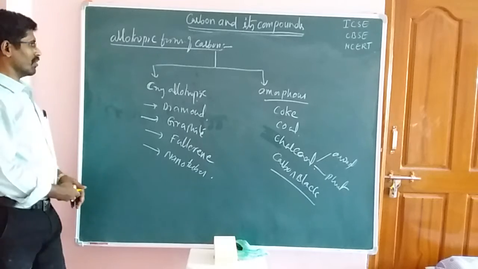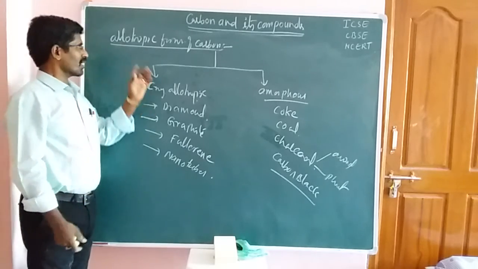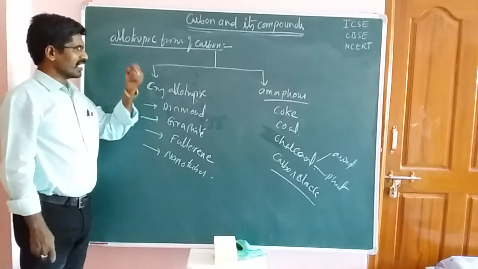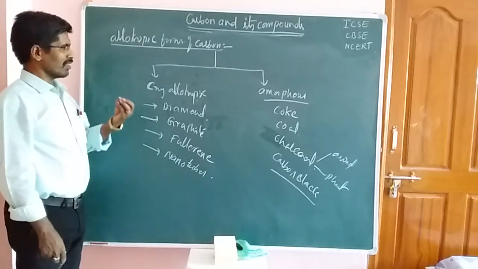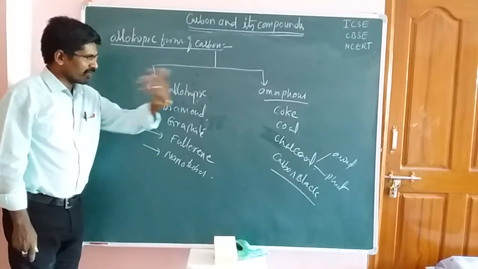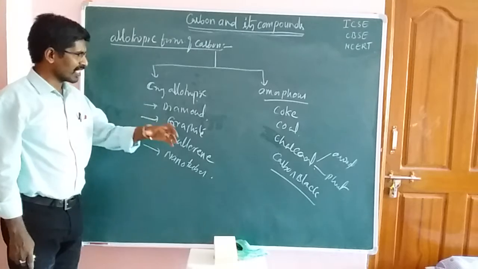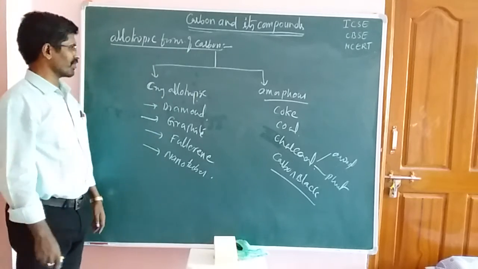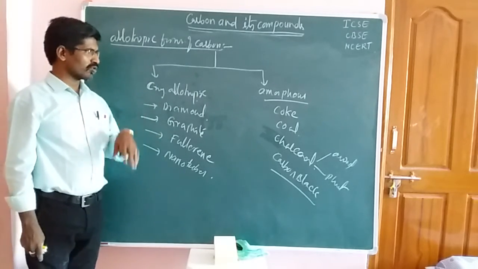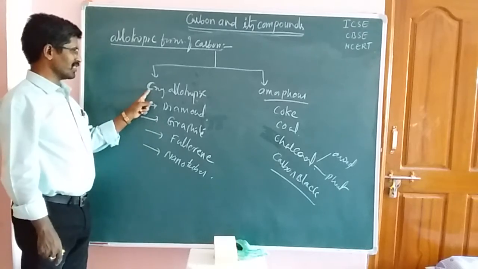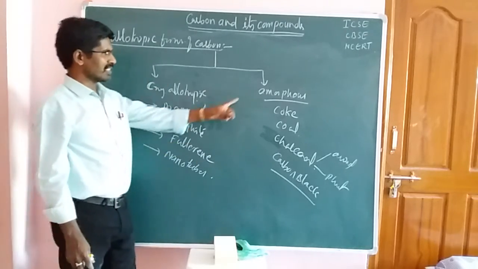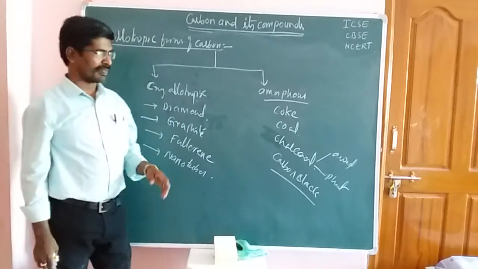Okay, students. But once again, carbon exists in different physical forms, but it shows the same chemical properties, the same chemical nature. That phenomenon is called allotropy of carbon. The first form is crystalline allotropy, and the second form is amorphous allotropy.